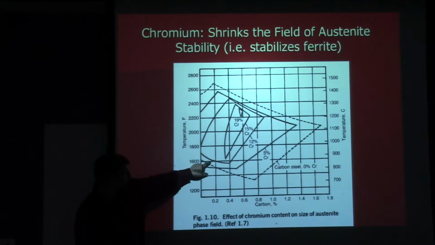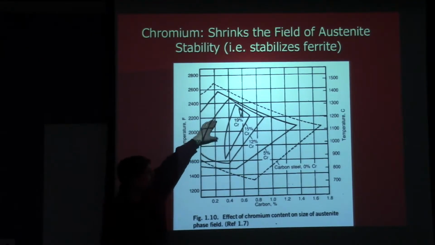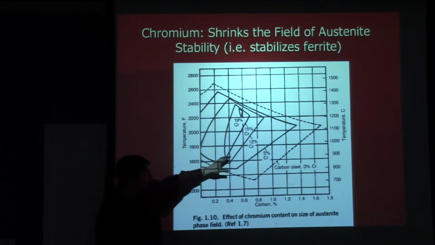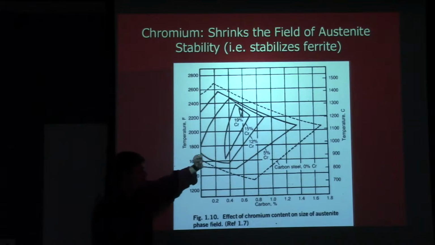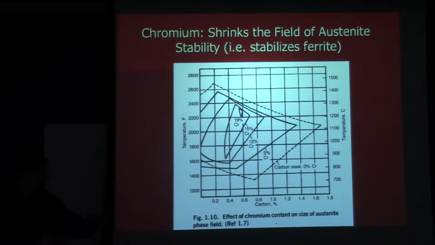Depending on how much chrome I have present, I can have a fairly narrow field in which austenite is stable, or I can make it quite broad, right? Now we're leading up to something that I think hopefully will make all this make sense in just a minute.